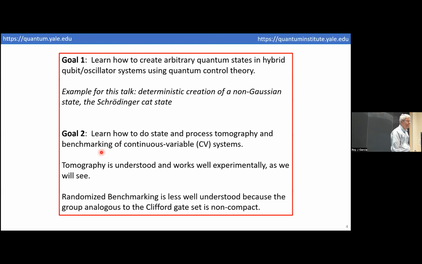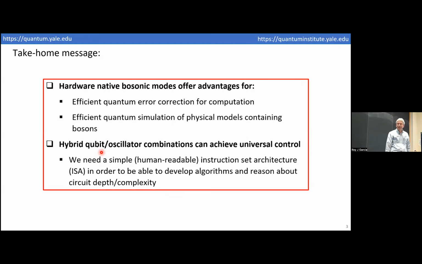Professor, what do you mean by universal control? So, well, I'll define that, but what it means is you should be able to make any unitary that you want by turning knobs on the Hamiltonian, modifying various Hamiltonian terms as a function of time.